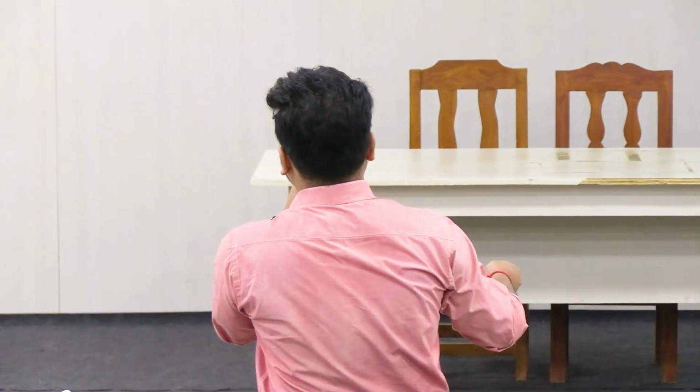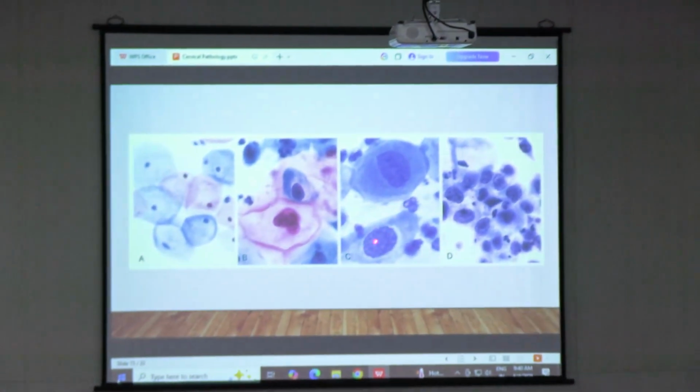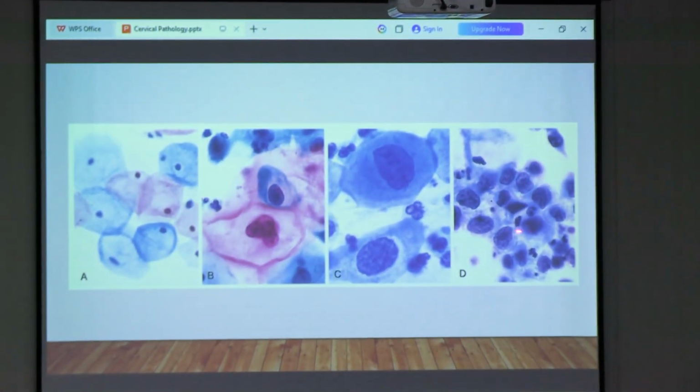It is mainly seen in case of LSIL, that koilocytic atypia, that dysplastic nucleus with a perinuclear halo is known as koilocytic change. Okay.